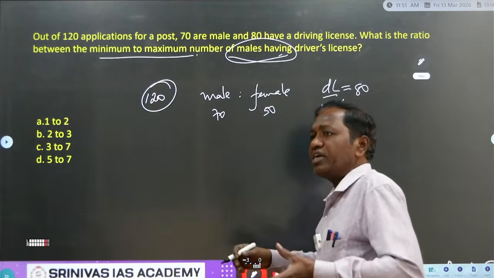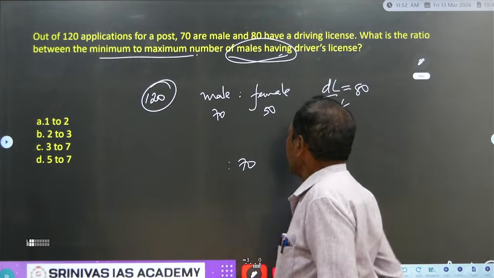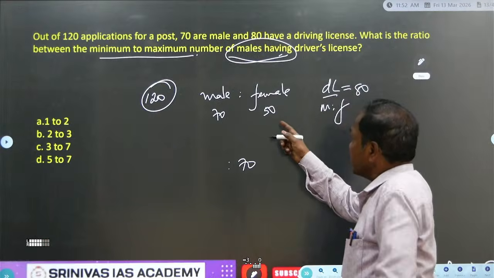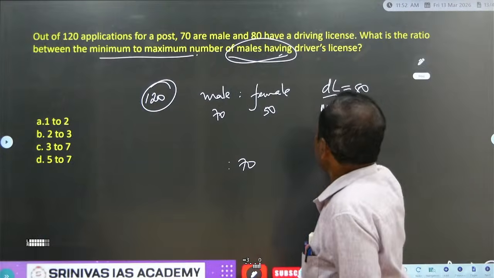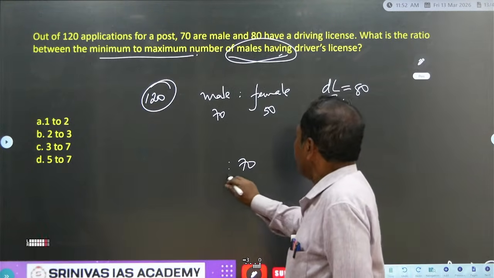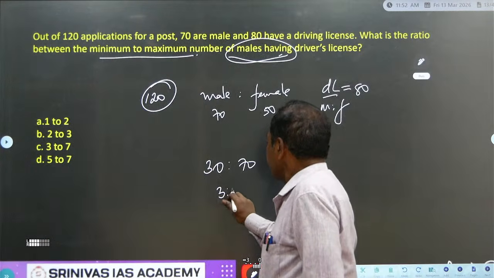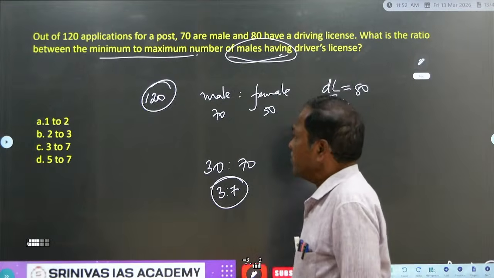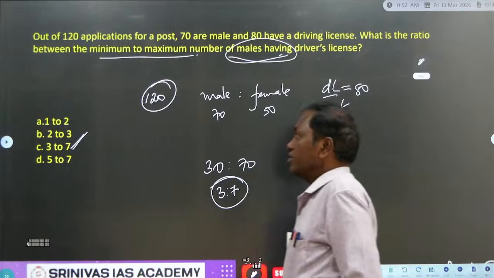Assuming all 70 have DL, that is the maximum. Assuming all 50 females have DL, then males with DL are 80 minus 50, 30. So minimum to maximum is 3 is to 7.